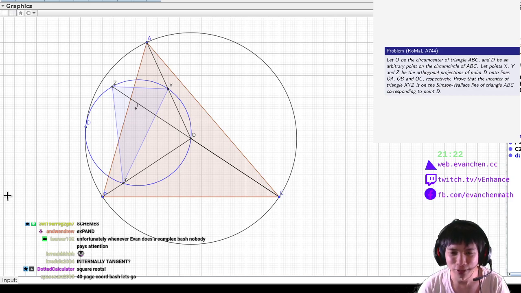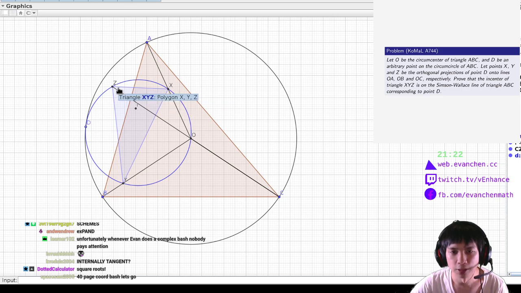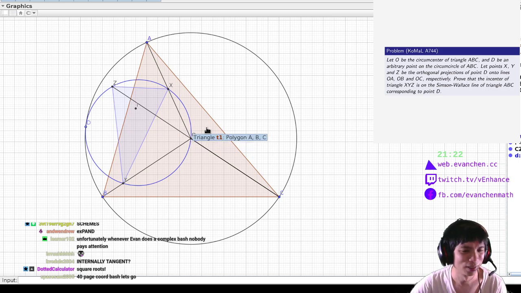I can compute all the angles, right? Like, angle XYZ is equal to... what is this? What is this angle? This angle is 90 minus B, so this angle is 2B. Wait, that can't be right. Sorry, this is, wait, what?